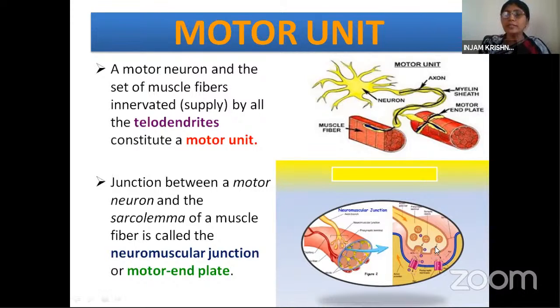Here you can see that there is a gap. It is the knob of the telodendrite. It is the sarcolemma of the muscle fiber. This gap is called the synaptic cleft. The entire area is called the neuromuscular junction, and it is also called the motor end plate. Again, we can talk about this concept during the explanation of neuromuscular activity.